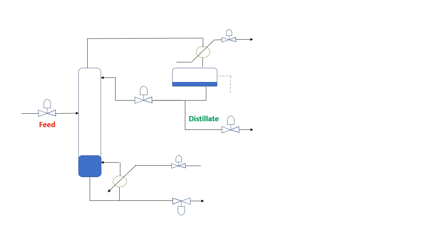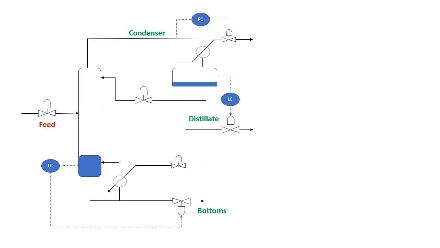Now when we are talking about the controlling of a distillation column, there are three main things that we want to control. One is the top level and the bottom level of the distillation column. This is the bottom level, so the bottom level may get controlled through the bottoms. And another thing is the top pressure of the distillation column.